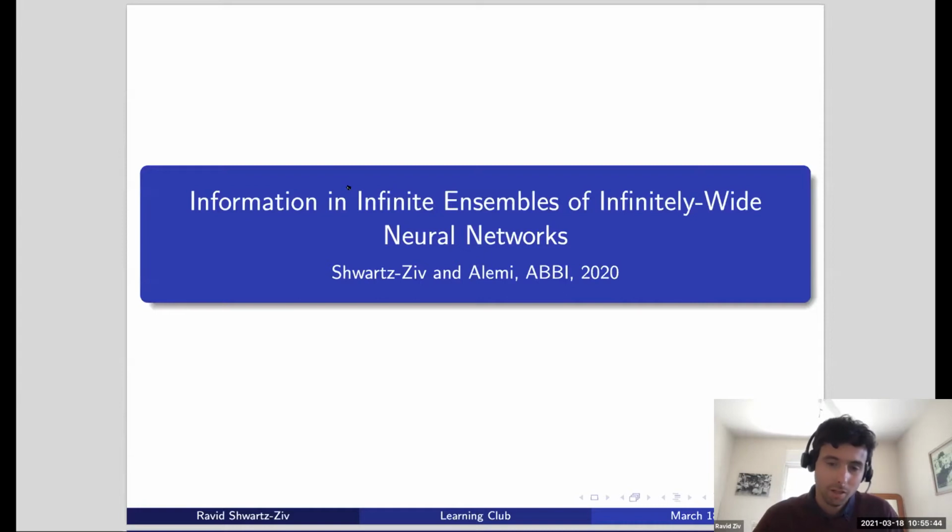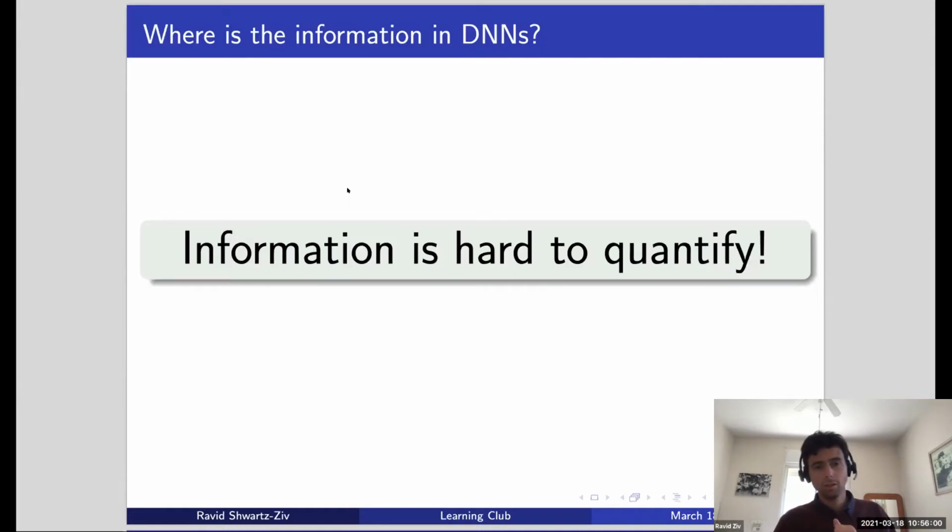Okay. So now I want to talk about another work, okay? And in this work, we try to answer a very simple question. And the question is, where is the information in deep neural networks? Again, what are the important quantities and what are the important hyperparameters and how are they related to each other? But what is the problem?